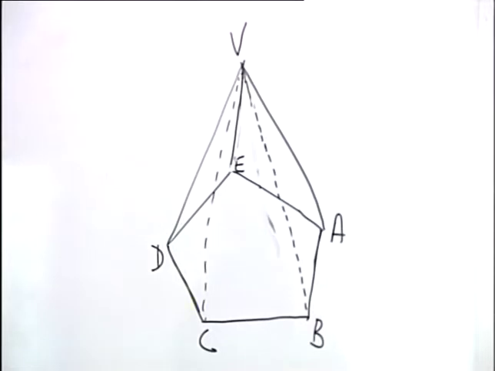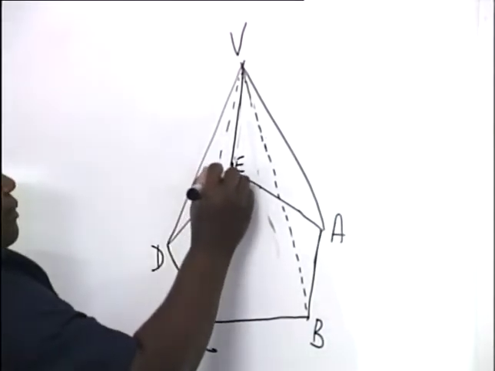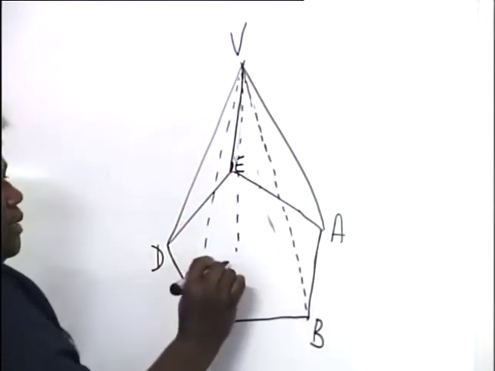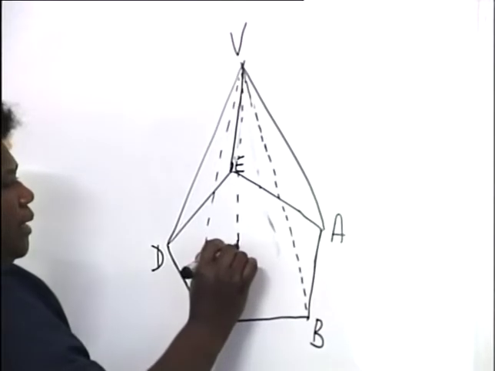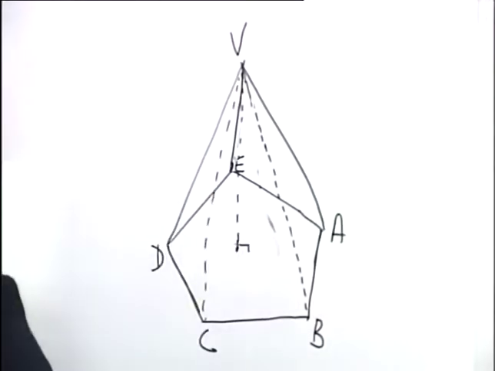It says the height of the pyramid is 8 centimeters, which means from the vertex V to the center of the pyramid, that will be 8 centimeters.